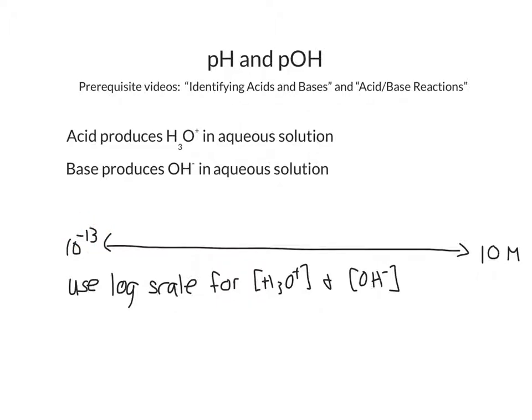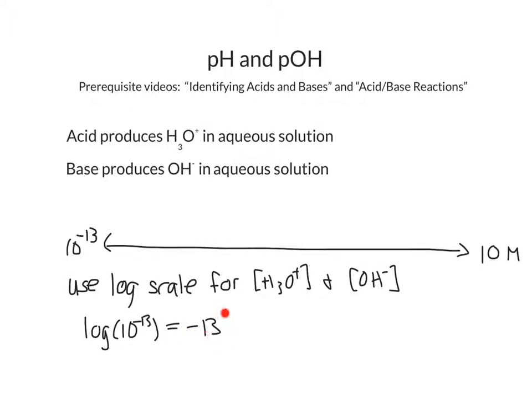And remember that when we have a log scale, the log of a number reports that exponent, that power of 10 that defines the number we're interested in. So for instance, the log of 10 to the minus 13 is equal to minus 13. It's just equal to that exponent on the 10.